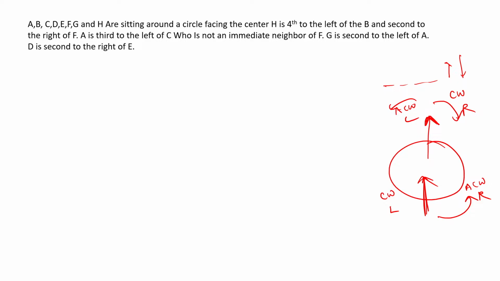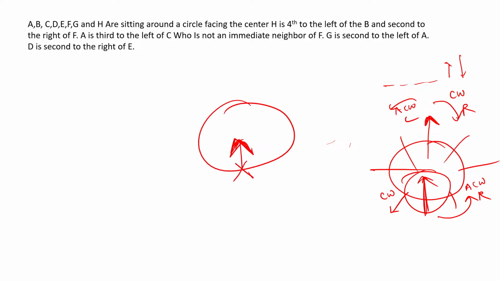Now remember one thing: when the people are facing inside, you can start anywhere. There is no rule that you have to start from here only. But then you have to check what is clockwise and anti-clockwise, what is left and what is right. That's why the easiest way when solving problems based on facing inside is to always start from the lower point.